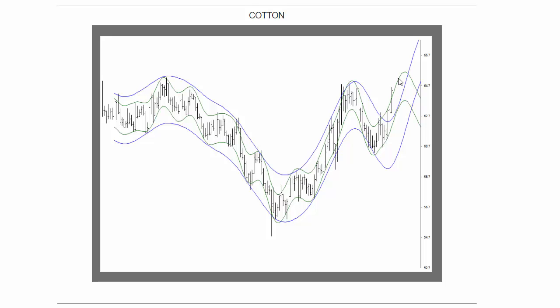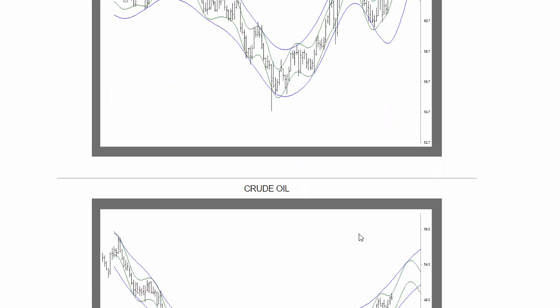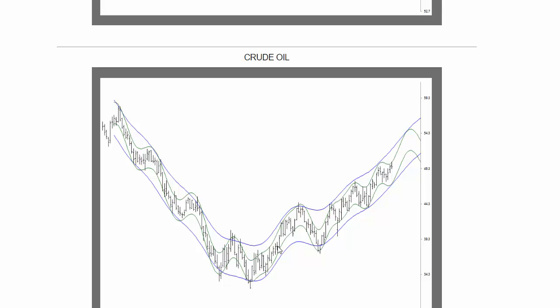Whether that rally would go higher than this previous top is another thing, but we would expect some kind of a rally prior to it ever going back down to here, and that's all if this market makes the next turn higher than here. So you'd have that stair-step pattern. Same thing with crude oil, you have this stair-step pattern.